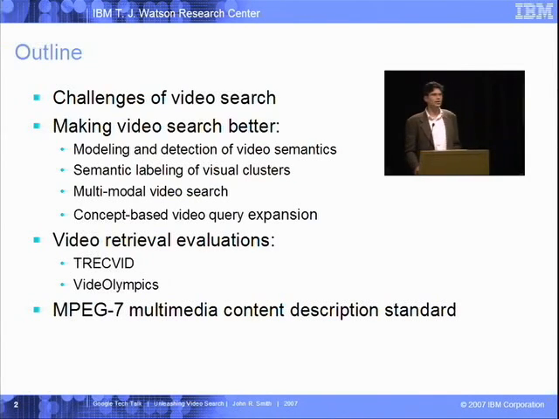I want to talk about some of the work that we published recently at conferences, and some of the community efforts going on now around video search, having to do with public evaluations and efforts to create ontologies for multimedia as well.